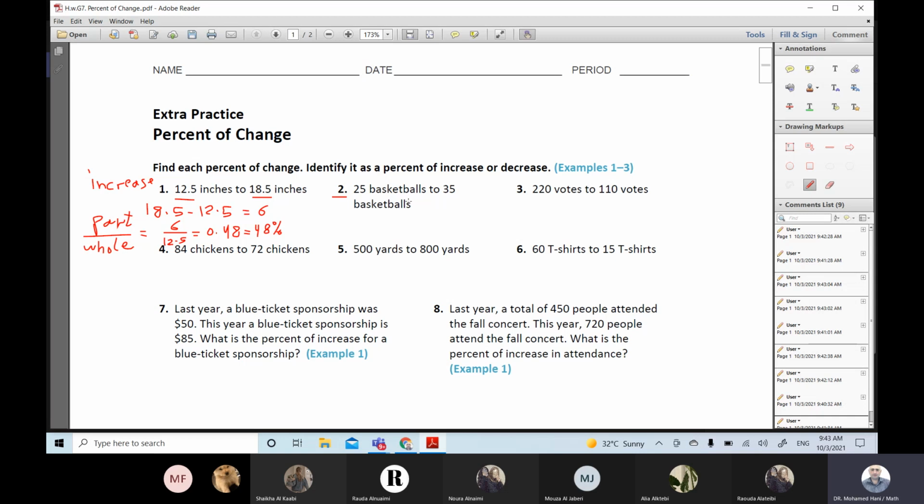Now, who can tell me, we have here increase or decrease? Increase. Great. So the original amount 25. The new amount will be 35. Means we have increase.